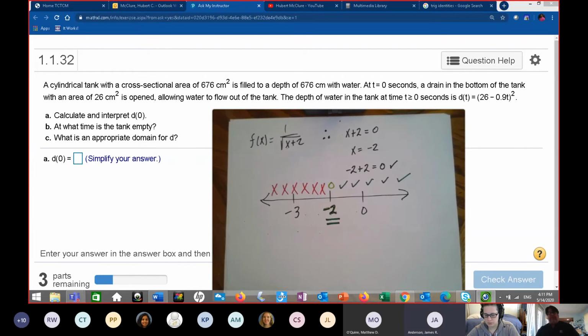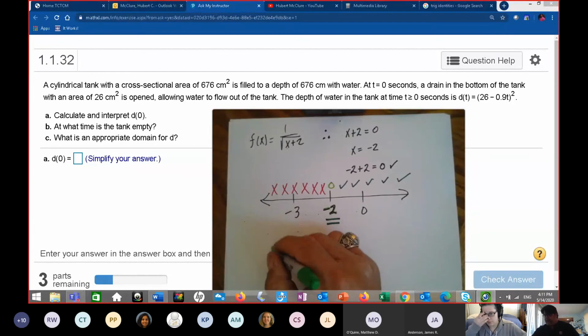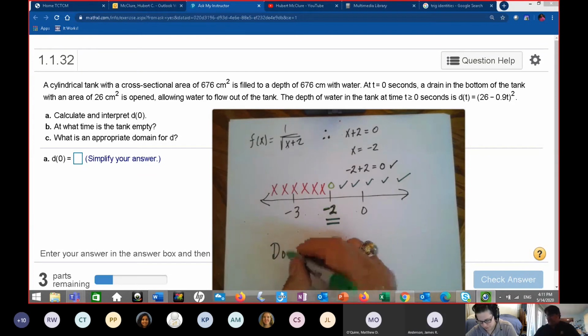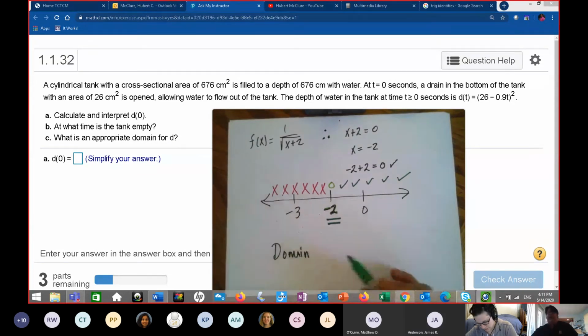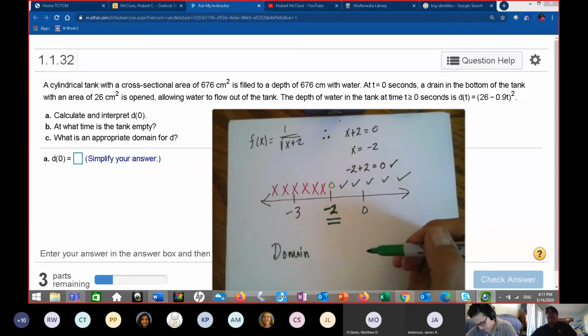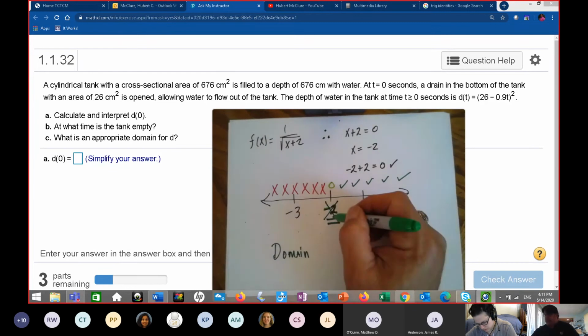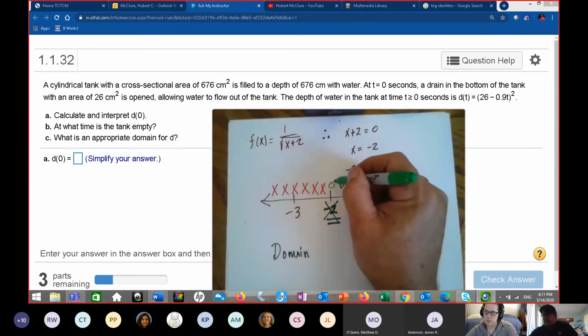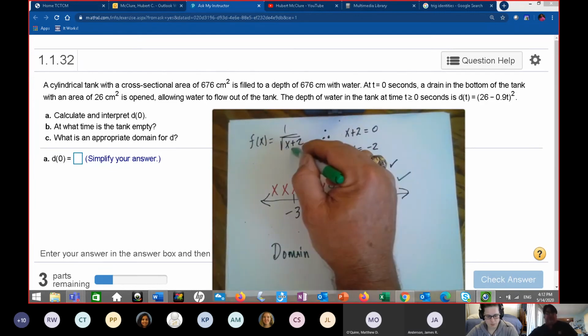Negative 2. Now, is it Mr. O'Quinn that mentioned it a while ago? When you start talking about the domain, you have to remember inclusive and exclusive. So the domain here, do we include negative 2? Yes or no? No. No, because as Mr. O'Quinn said, negative 2 will give us a 0, which will blow this function up.